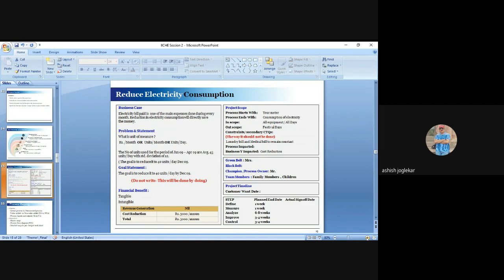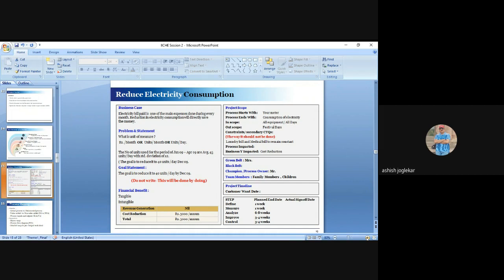In this project, he has said laundry bill and medical bill should not increase. Laundry bill: if you are ironing your clothes at home, and you say from today ironing stops, put everything in laundry, आज से ironing बंद, सब laundry में डाल दो. So you are reducing the consumption of units here, but you are increasing the laundry bill. So what is the use? You are spending on X or Y. Then the project is not initiated. It is not the way you should do it.